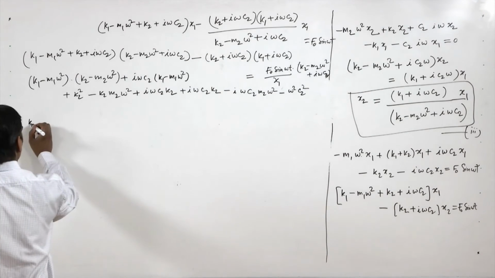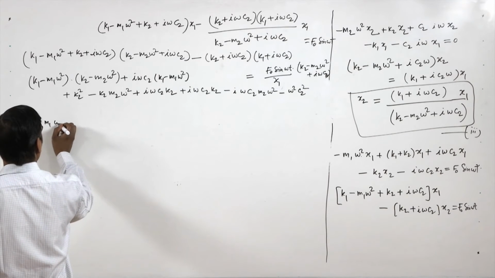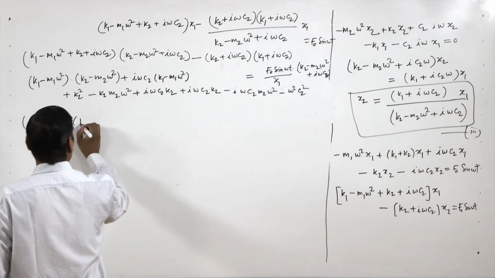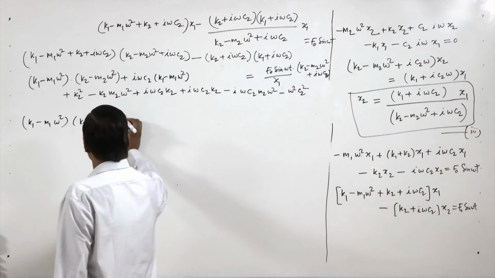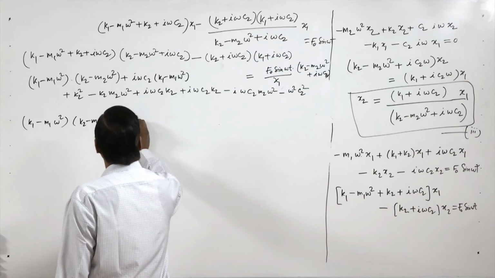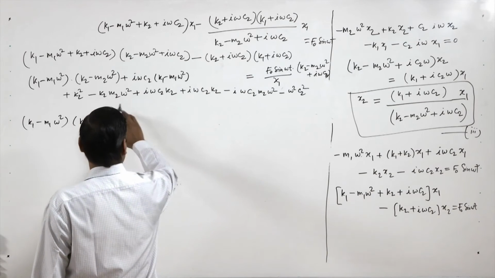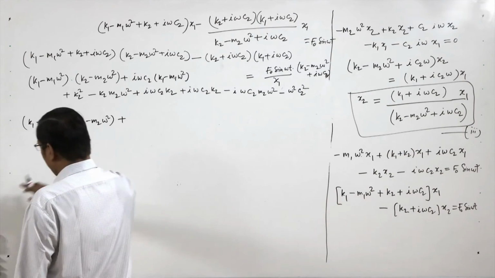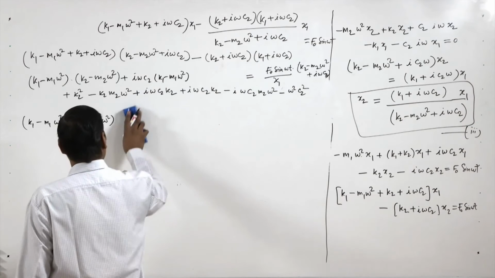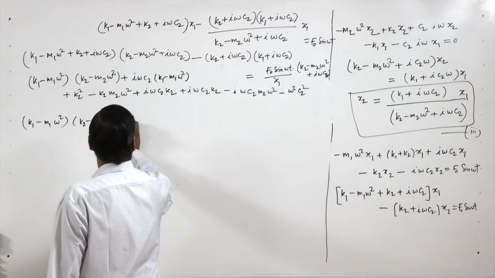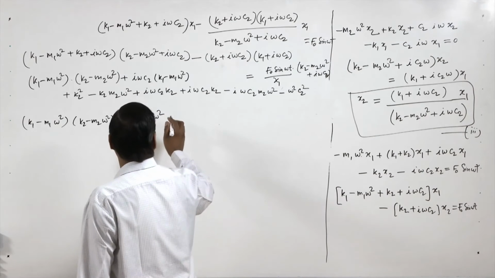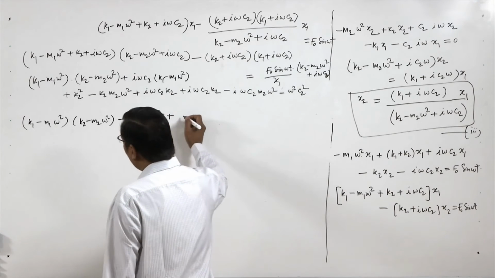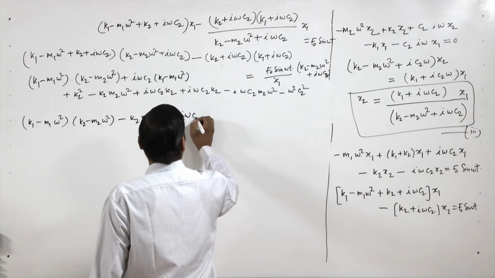So here k1 minus m1 omega square, k2 minus m2 omega square plus, so here we have minus k2 m2 omega square plus I omega c2 terms.